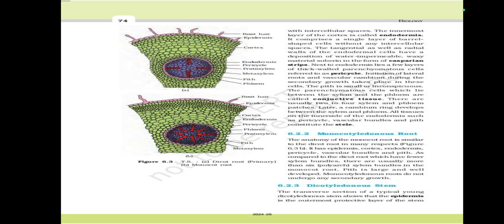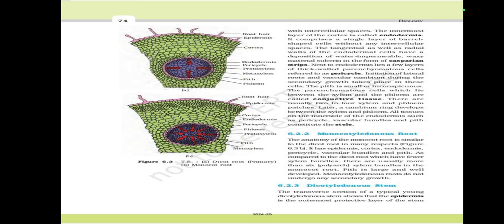Monocotyledonous roots. The anatomy of the monocot root is similar to the dicot root in many respects. Figure 6.3b. It has epidermis, cortex, endodermis, pericycle, vascular bundles, and pith.